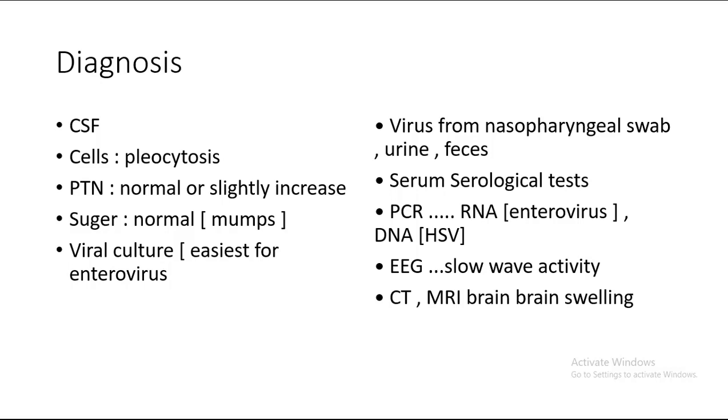Serological test, PCR to analyze RNA viruses like enterovirus, or DNA viruses like herpes simplex virus, Epstein-Barr virus, varicella zoster, etc. EEG usually shows slow wave activity, and the MRI.